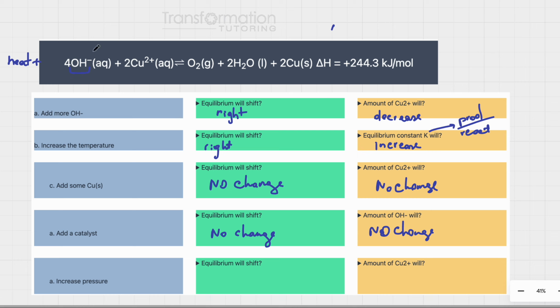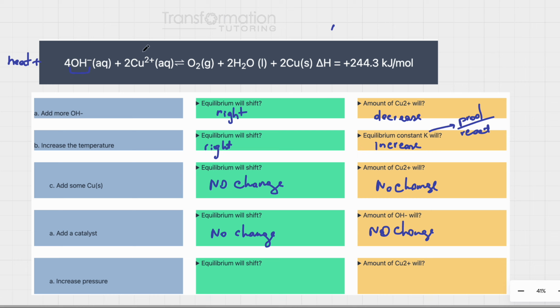So what I'm going to do is I'm going to identify where I have gas. As you can see, there is no gas. AQ stands for aqueous. Both of my substances on the left are aqueous, so there's no gas on the left. And there is 1 mole of gas on the right. We said that increasing pressure will shift equilibrium to the side with less moles of gas.